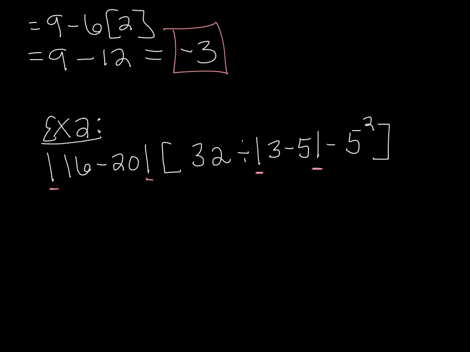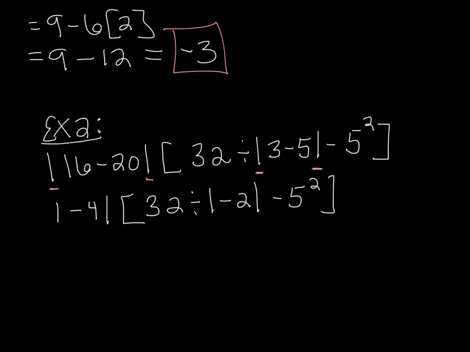So I can simplify this first chunk and say 16 minus 20 is the absolute value of minus 4. That's okay. And then parentheses: 32 divided by, and I'm just going to write this out the long way, the absolute value of a minus 2, minus 5 squared.